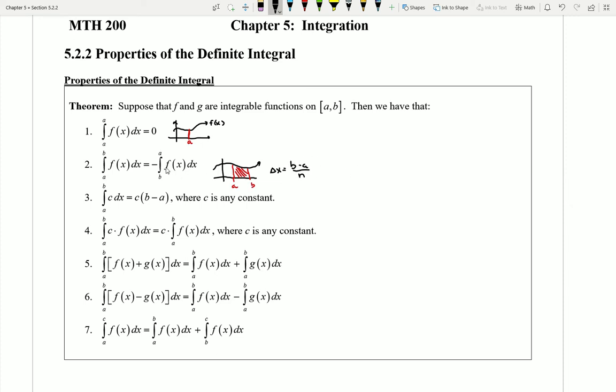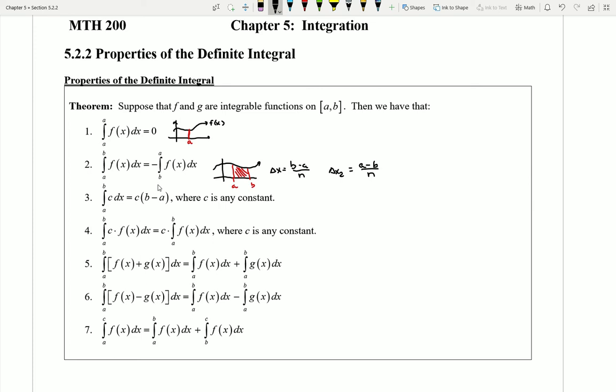However, in this second integral, let's call this delta x number 2, I'm going to end up calculating a minus b over n, because I'm doing my stop value minus my start value. Notice this is going to generate almost the exact same value, but negative. Like if this was 5 minus 2, I'd have 3 over n. But if it was 2 minus 5, I'd have negative 3 over n.